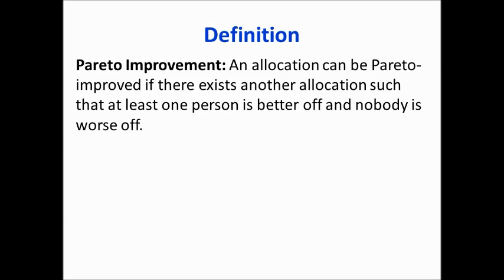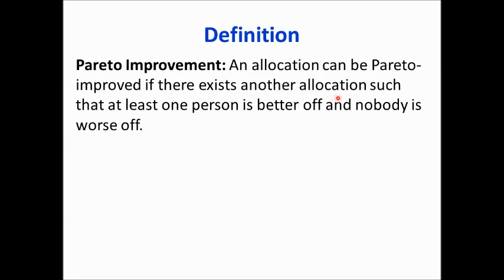Now, in order to understand this sentence, it's maybe good to look at the structure of the sentence. So we have here an allocation can be Pareto improved, and then there is this if condition. And the first part of the if condition says that there should exist another allocation. Now, if, for example, only one allocation is possible, then this allocation can never be Pareto improved, because the if condition can never be satisfied.